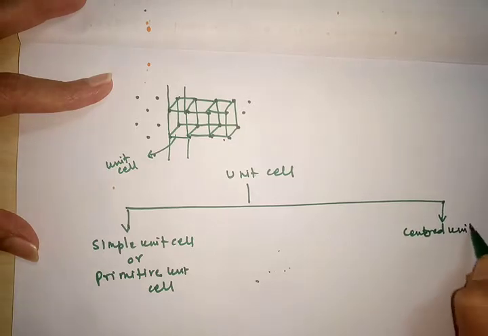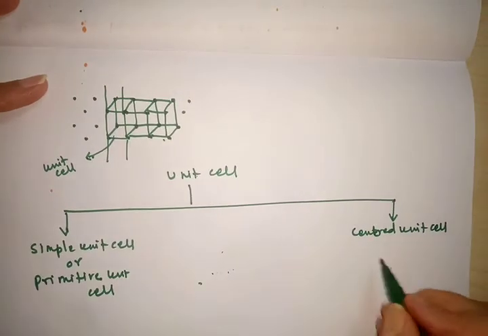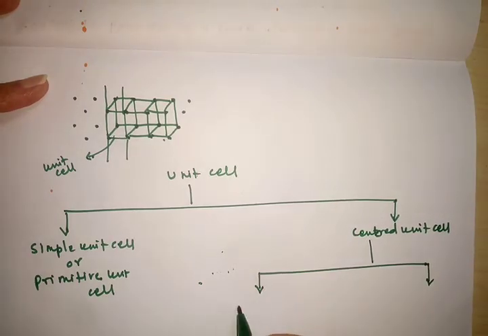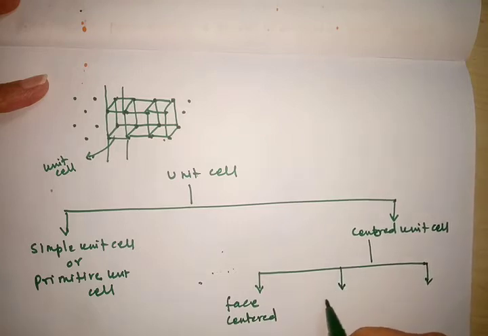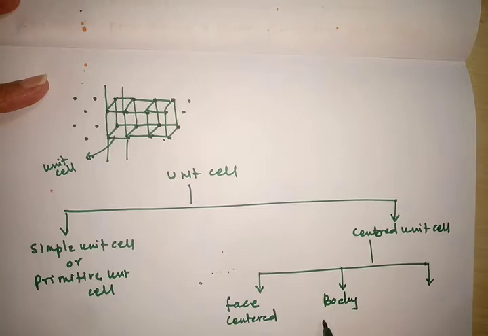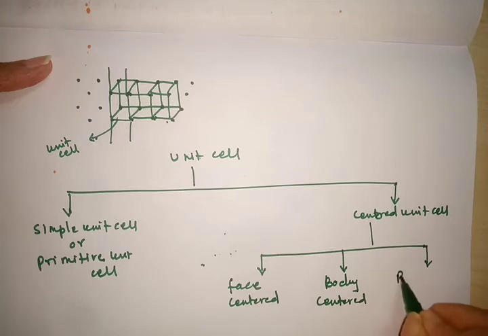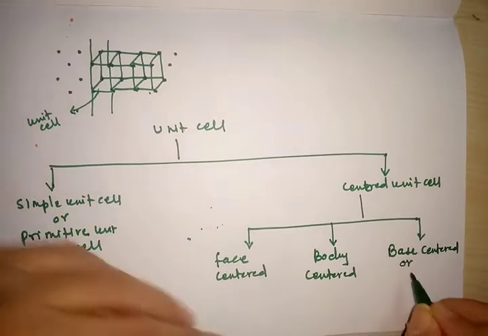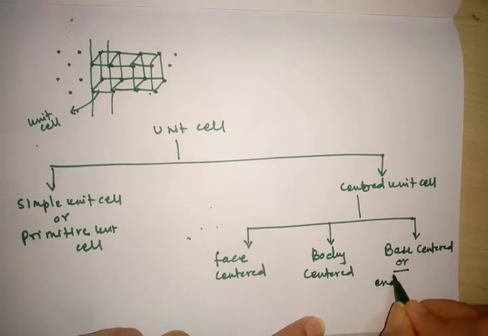This centered unit cell can be further divided into three different types. One is face centered. Next is body centered. And third is base centered, or this can also be called end centered, as it is given in some books. It's one and the same thing.